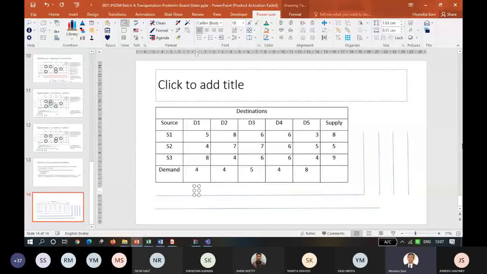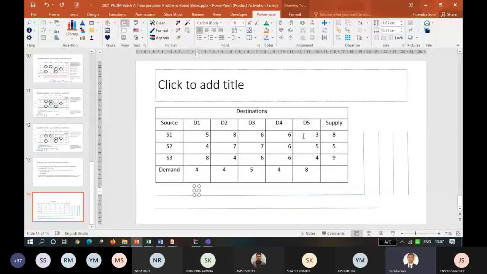Penalty is the difference between the least and the second least cost. That means if I am not able to allocate in the least cost cell and am forced to make an allocation in the second least, then how much extra I need to pay.